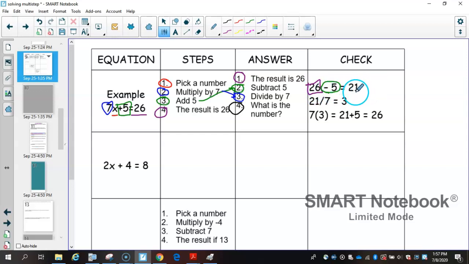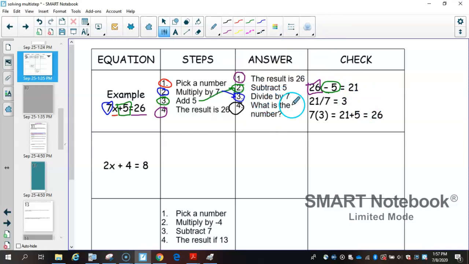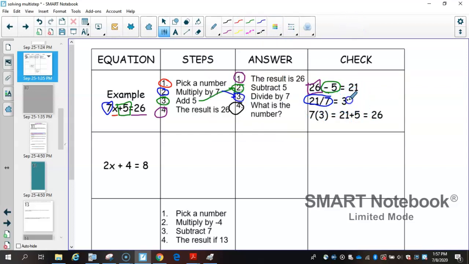So I'm not going to circle this or anything like that because that's not our final answer. After you subtract 5, divide by 7. And when you divide by 7, your number or your answer should be whatever is left, which happens to be this 3. So that is the answer, or the solution.